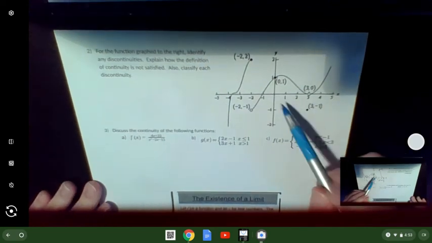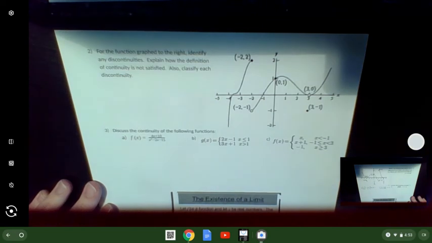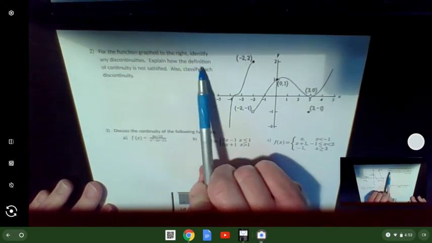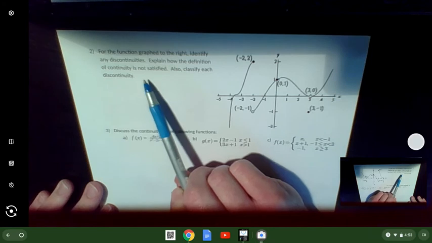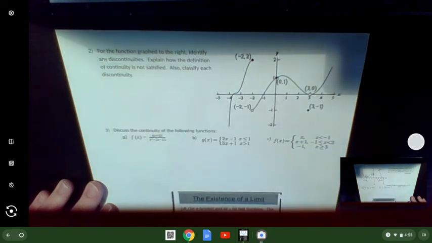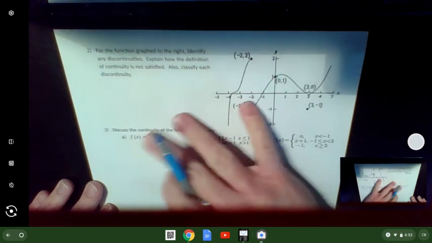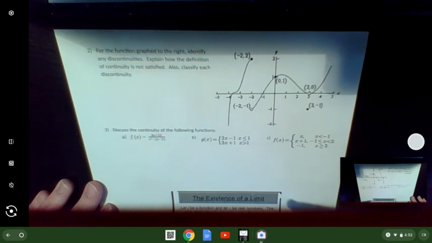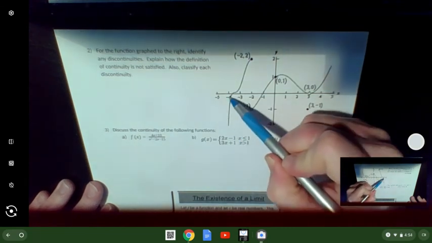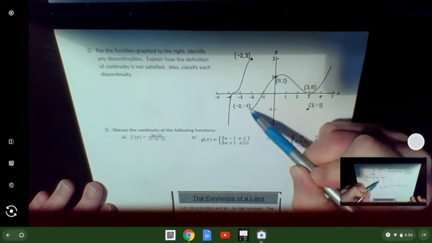So for this graph, we're going to identify any discontinuity and explain how the definition of continuity is not satisfied, classifying that discontinuity. Well, looking at this graph, discontinuous is anywhere I'd have to pick up my pencil in order to continue drawing this graph. So if I trace, I would have to pick up here.